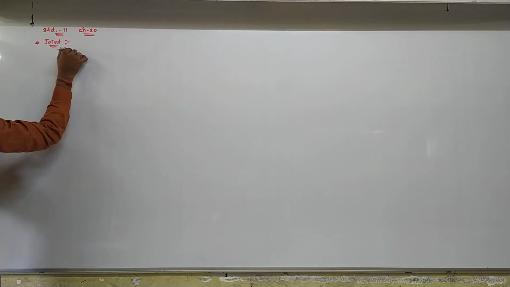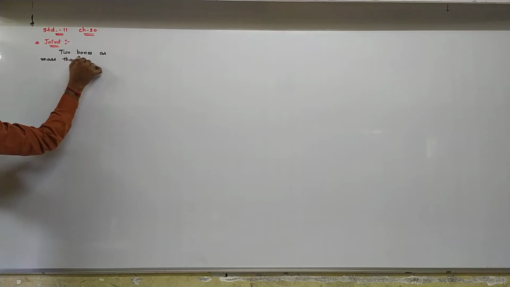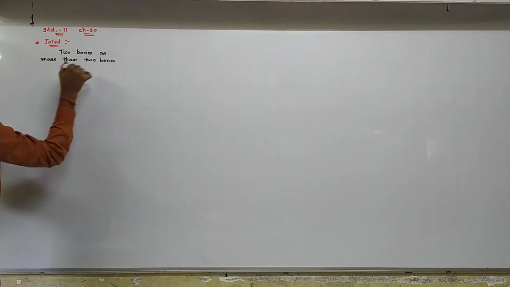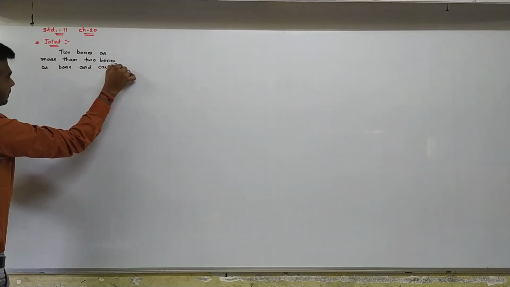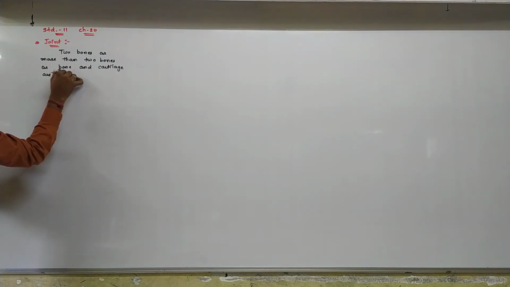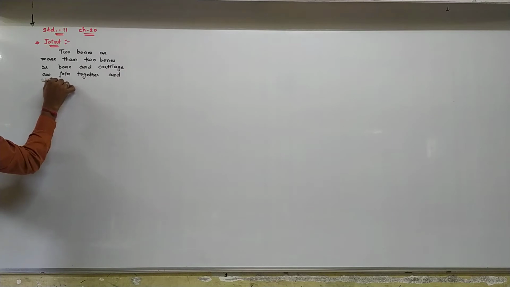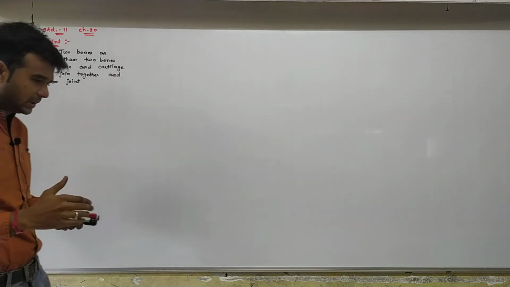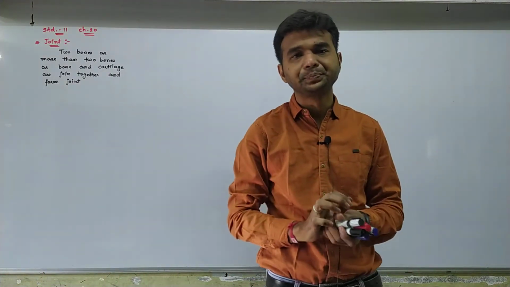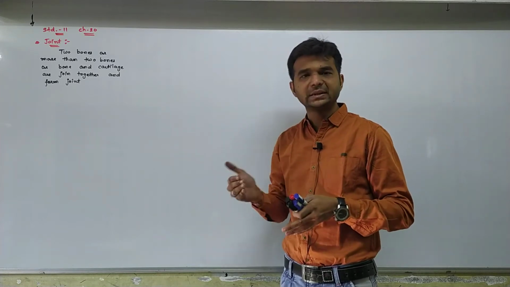What is a joint? Two bones, or more than two bones, or bone and cartilage are joined together and form a joint. In a few joints two bones are joined together, in a few joints two or more bones are joined together, and in a few joints bone is attached with the cartilage.